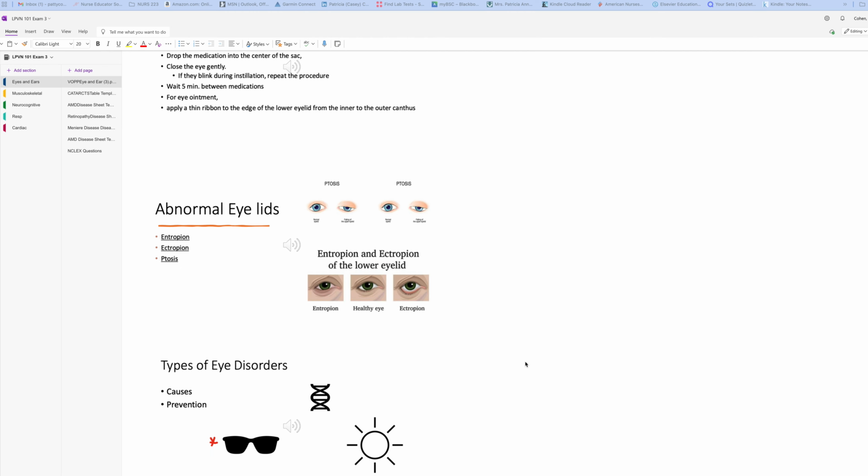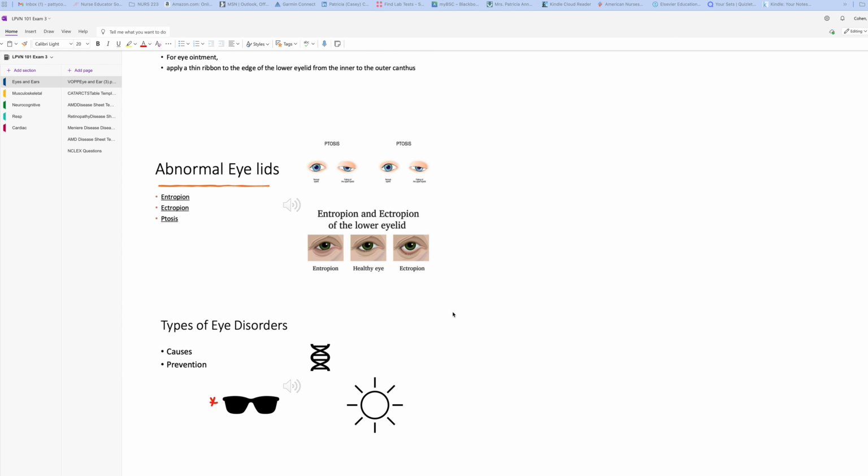Abnormal eyelids. Entropion means the eyelid could turn in, and then ectropion means that, see, this conjunctival sac is kind of open. That can happen in older adults. Ptosis can happen. Ptosis is when the eyelid is lazy, like it's down, okay?